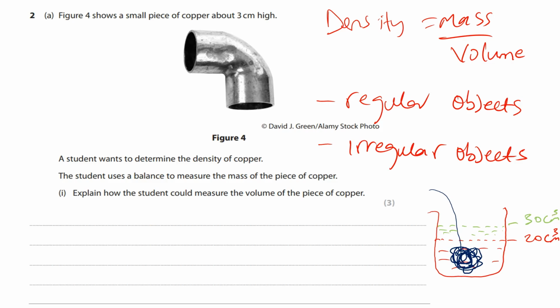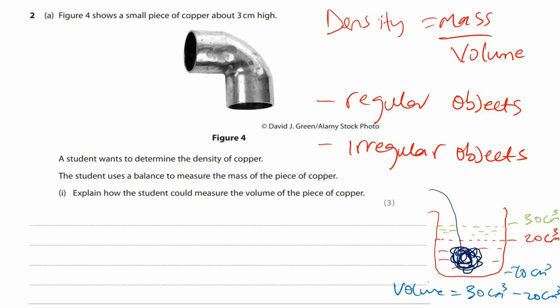Therefore the volume of that object will be equal to 30 minus 20, the change in the volume of water, which is 30 cm cube minus 20 cm cube, and that will give us 10 cm cube. So that is basically the concept behind how to find the volume of an irregular object.